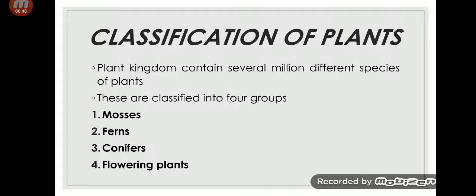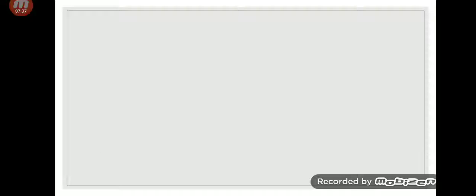For example, it may belong to the flowering plants, or it may be a fern, or it may be a moss. So all the plants on this earth are classified into these four groups. First of all, we will study number one, mosses.